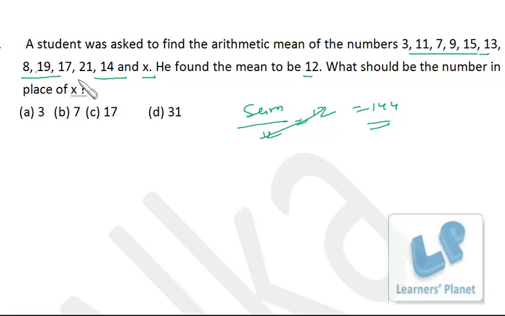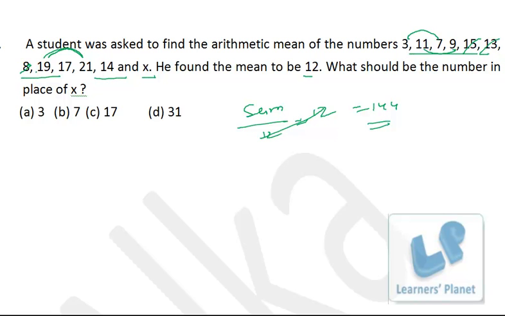Okay, so quickly do the sum, so we'll be able to get the value of x. So precisely it is 7 and 3, 10, and 20, 20 and 10, 30, 45, 58, 66, 66 plus 40, 106, 106 plus 17, 23, 23 plus 14, 37.